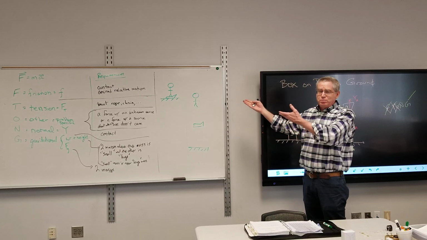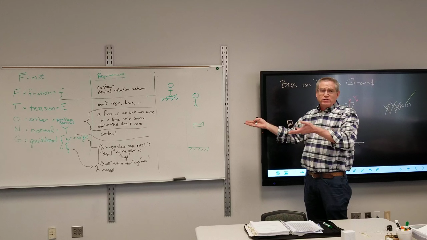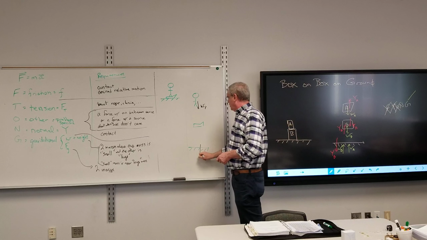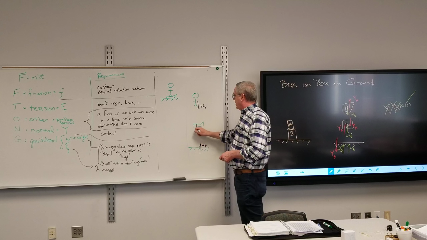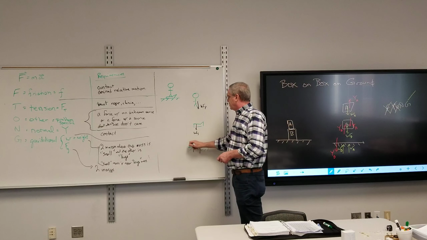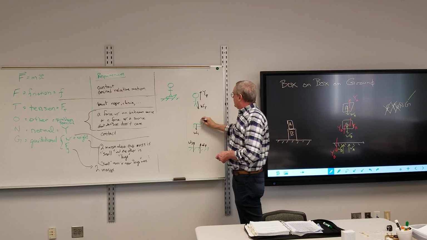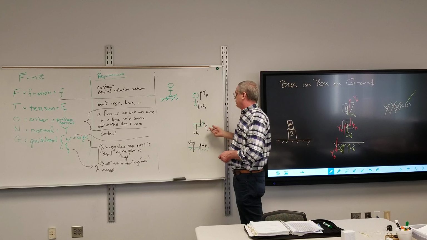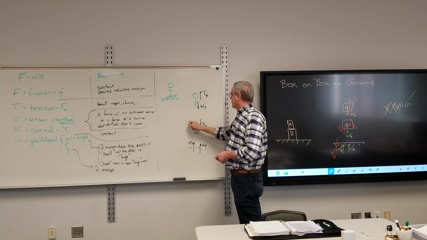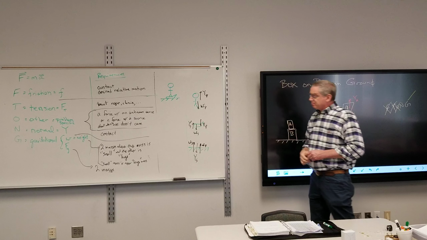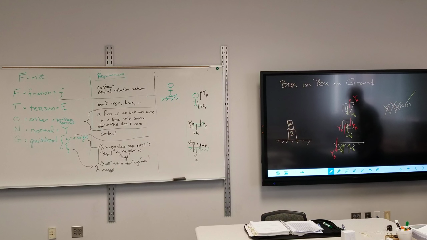Instead of A, I'm gonna use P for person. Instead of B, I'm gonna use S for scale. So I have weight of person, weight of person, weight of scale, weight of scale, normal force on person, normal force from person, normal force on scale, normal force from scale. So that is the same as this, just different subscripts, different stick figures.